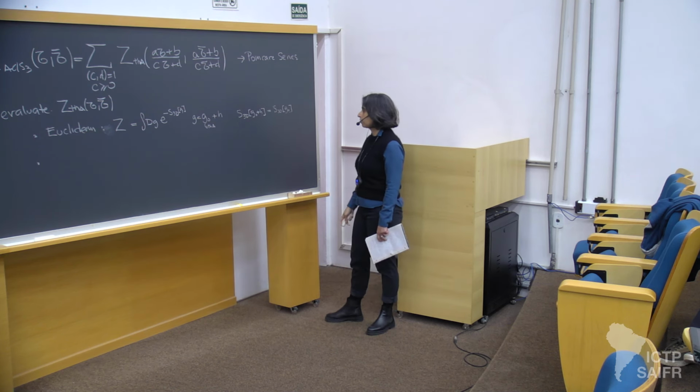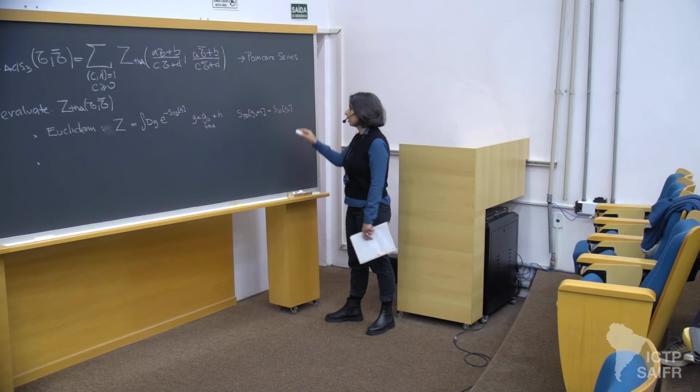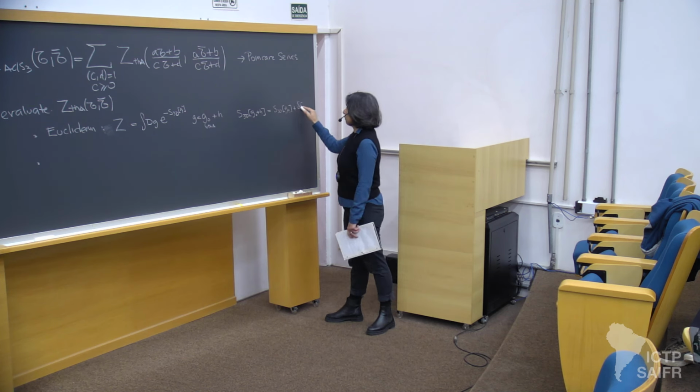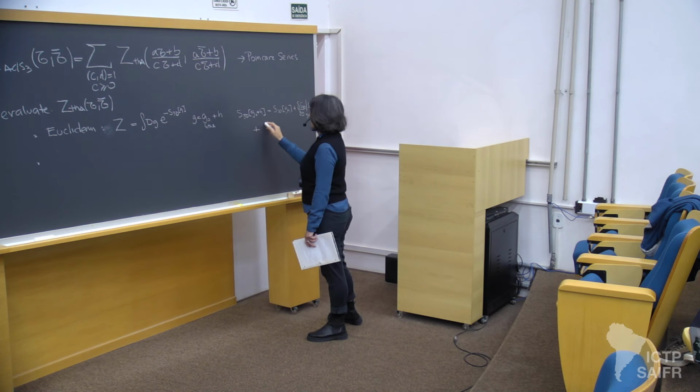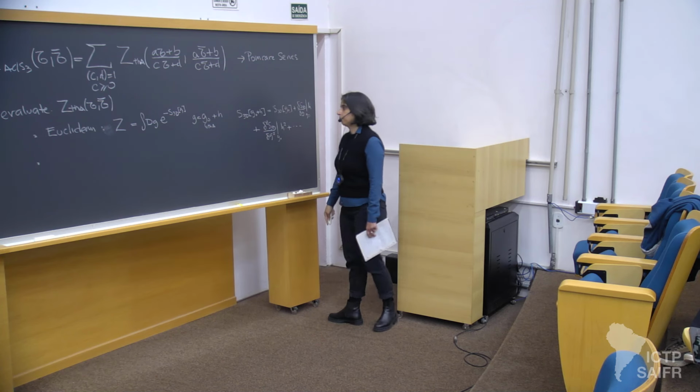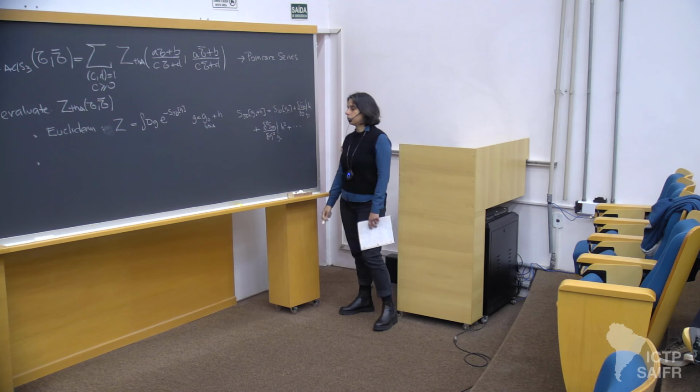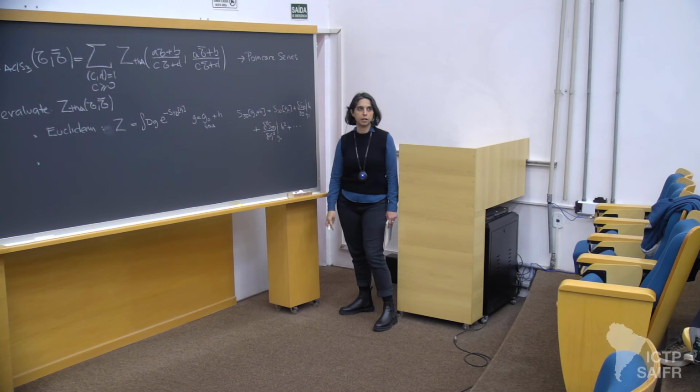So then you would get the first contribution as an expansion in h. You get the action evaluated on the solution. Then you get the first variation of the action with respect to the metric evaluated at G0 times h, then a second variation of the action with respect to the metric evaluated at G0 times h squared, and so forth. This is what it means to do perturbation theory, like the loop expansion in quantum field theory.